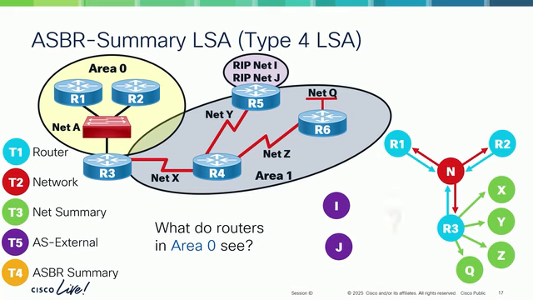So this is the question that I have to solve, and it gets solved precisely by the last type of LSA, which is the LSA type 4. It's also called summary LSA, but instead of describing networks, it describes autonomous system boundary routers in different areas. All it contains is the router ID of a faraway ASBR somewhere in another area.